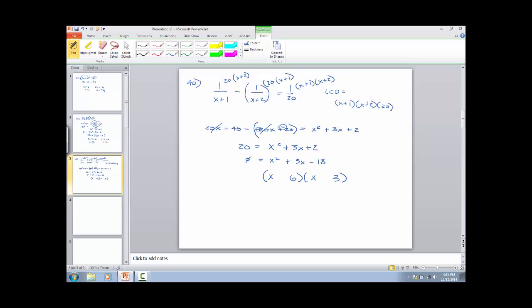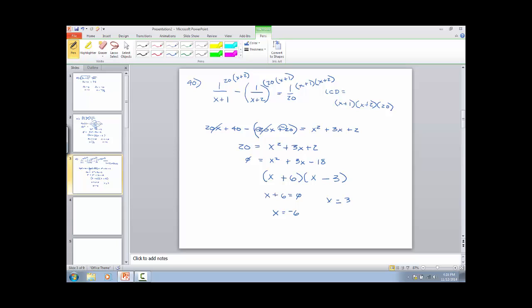I'm going to need a positive number here. So it's positive 6x minus 3x gives us a positive 3x. And a positive times a negative gives us a negative. Again, we set those equal to 0, and x is equal to negative 6, and x should be equal to 3 here.